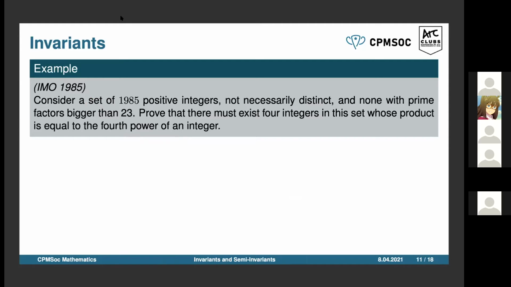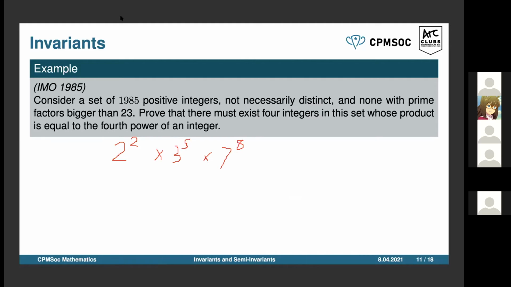Actually, no, I won't use text, I'll just write it. So 2 squared times 3 to the 5 times 7 to the 8. And so that's one number.